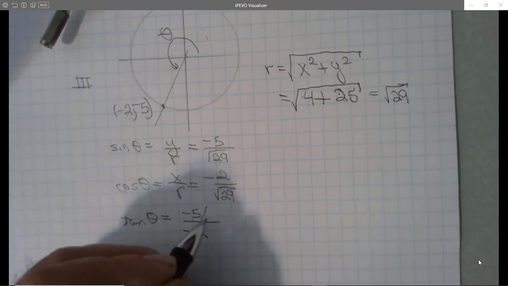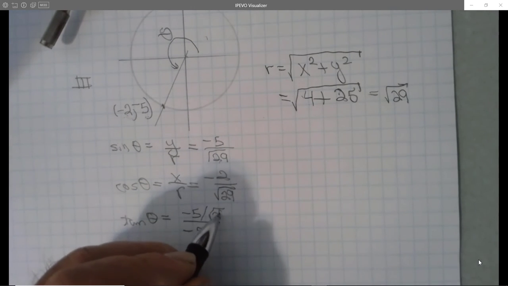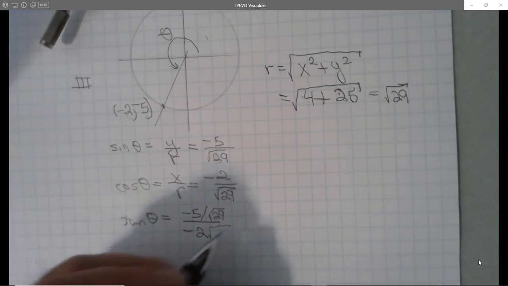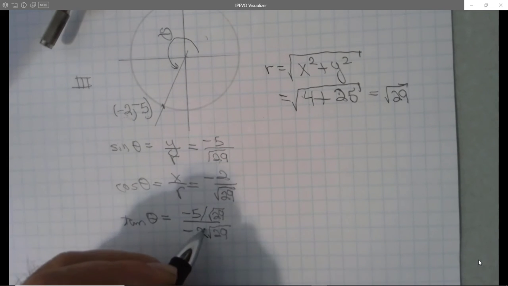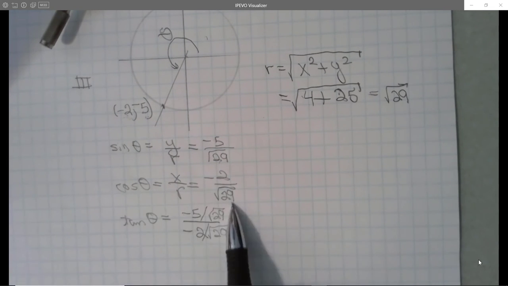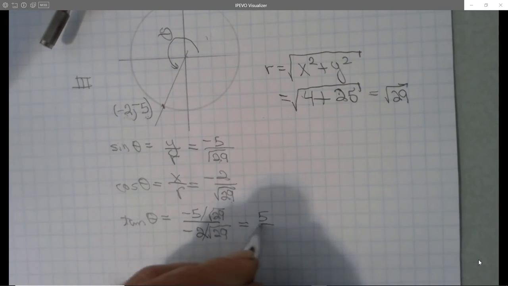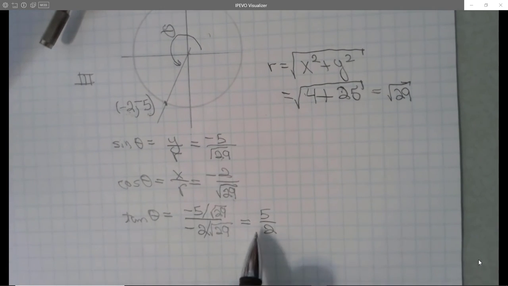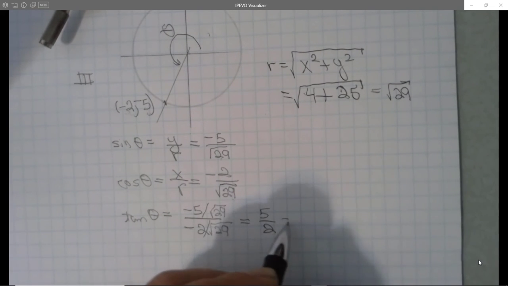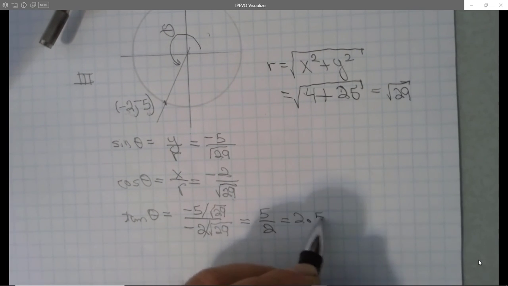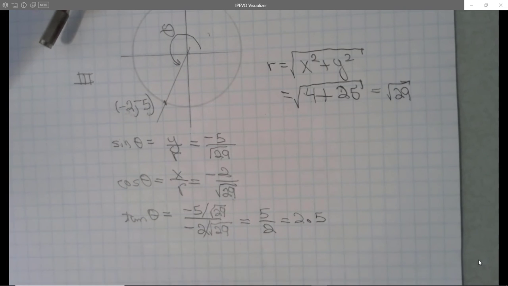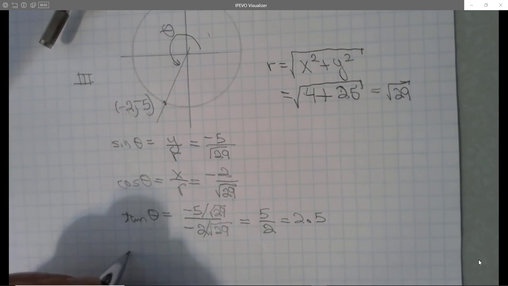Now you can put the over root 29 in here if you want, but they're just going to cancel out, right? Because you multiply top and bottom by root 29, and you're left with 5/2, and that's 2.5.